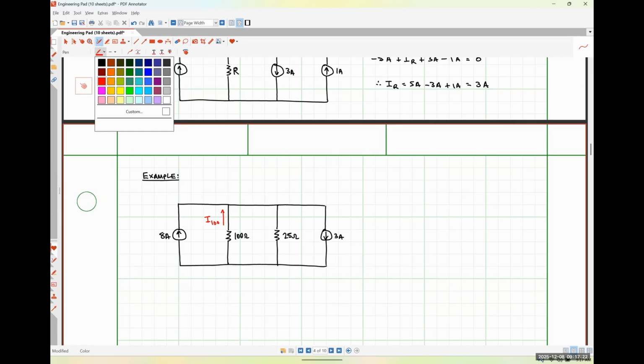As part of this analysis, we're going to wind up at least having to define the current flowing through the 25 ohm resistor so that we can apply KCL to this system.